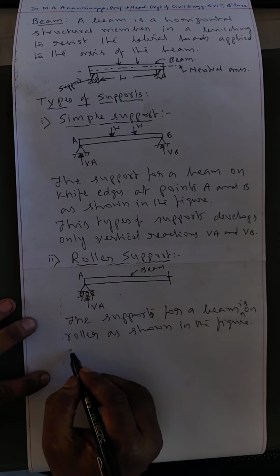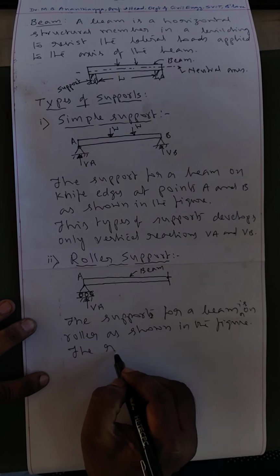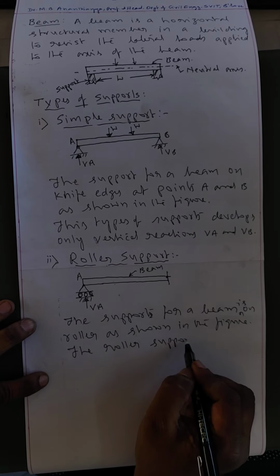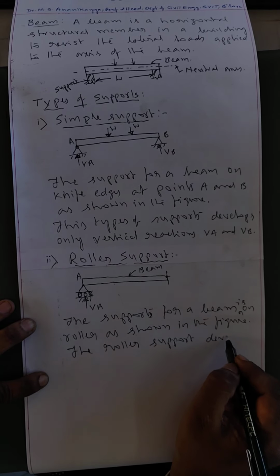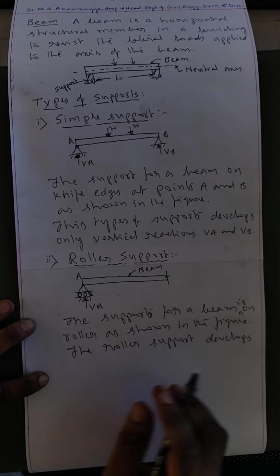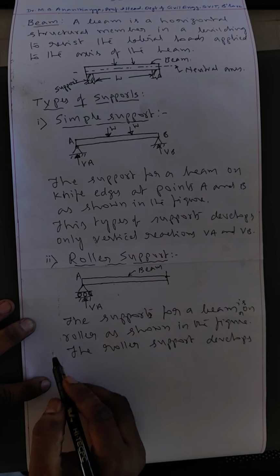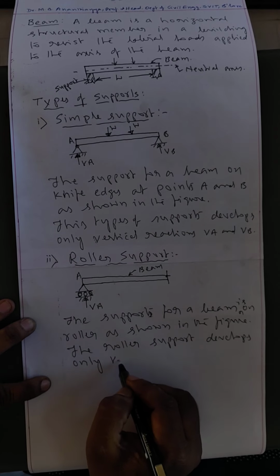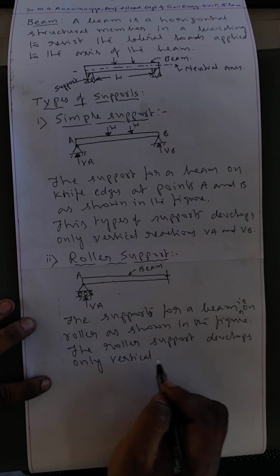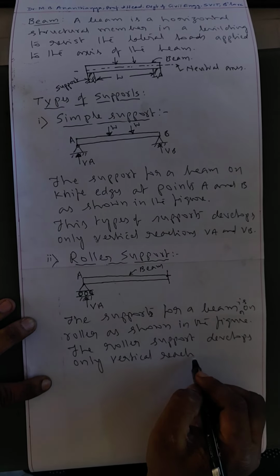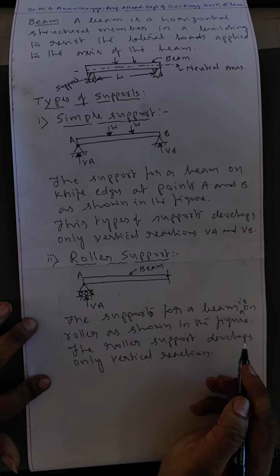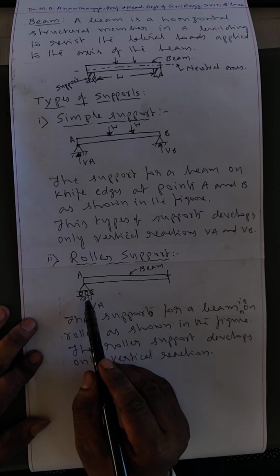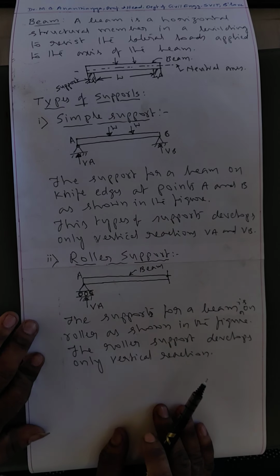The roller support develops only vertical reaction. Then if the support is on roller, then this support is called roller support.